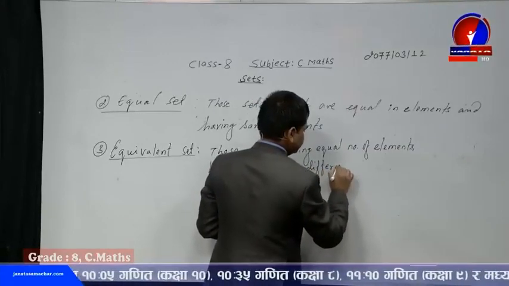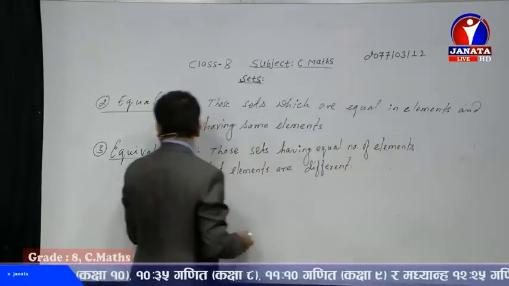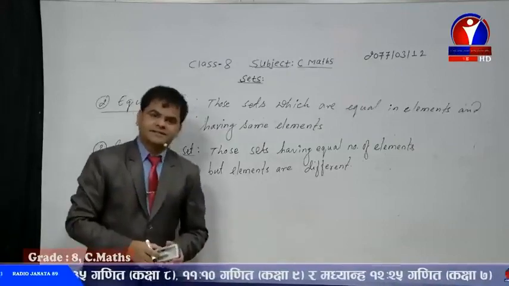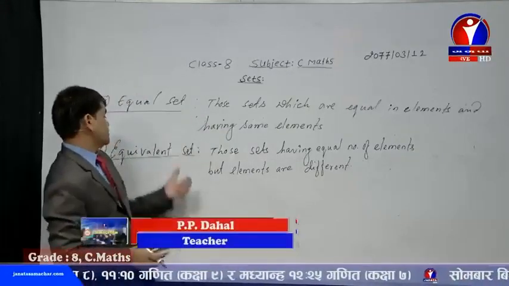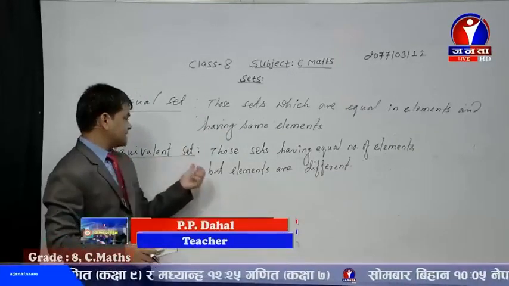Such type of set is known as an equivalent set. So in case of equal set you are clear, and in case of equivalent set also you are clear.